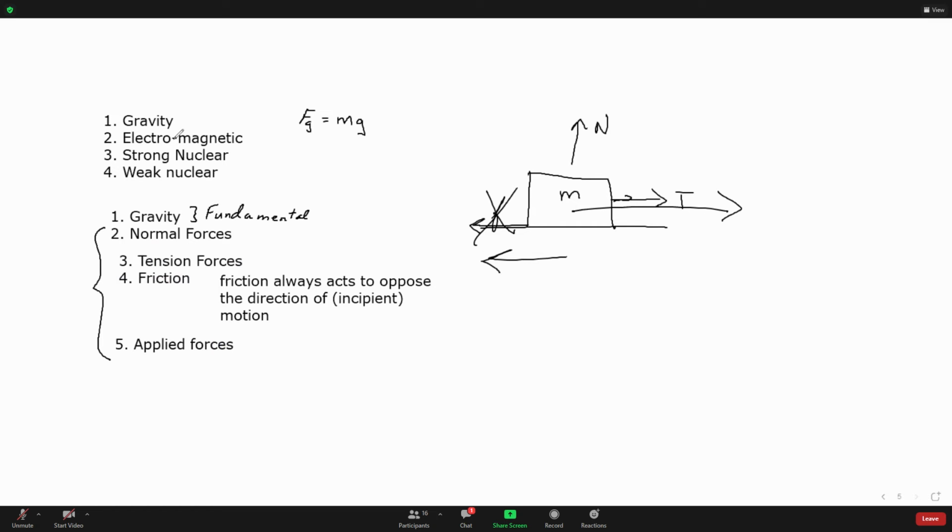So Newton's laws apply to all of these forces. So one program of physics is to determine what is the motion of a body when it's acted on by forces. And another program of physics is to understand what is the nature of the force.